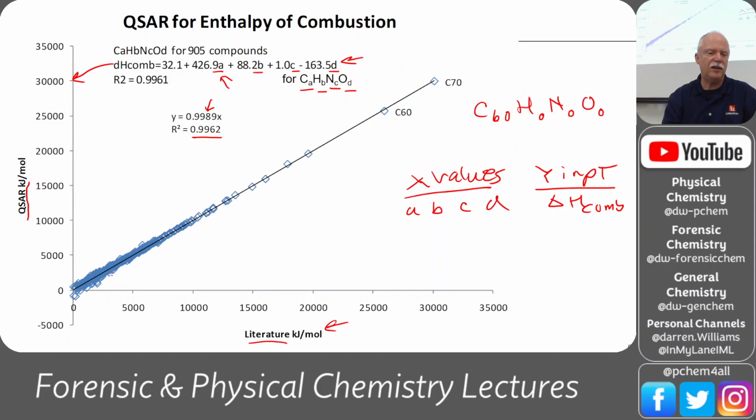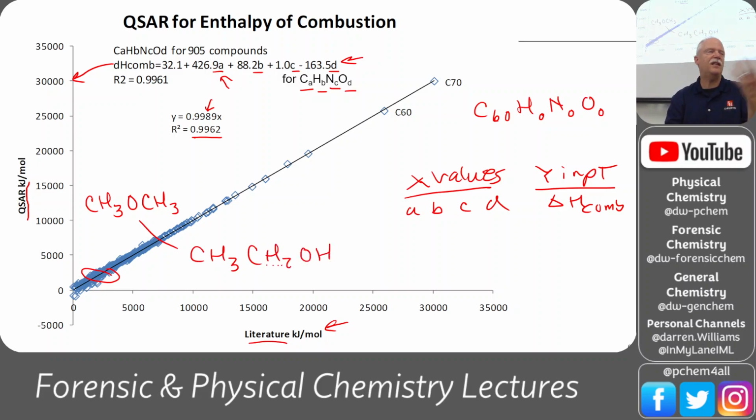Now you can see down here there's some scatter, and that would be easily understood, like the difference between CH3OCH3, which is dimethyl ether, and CH3CH2OH. Those have the same molecular formula. One's dimethyl ether, the other is ethanol. And in my model, there's no difference in the delta H of combustion.